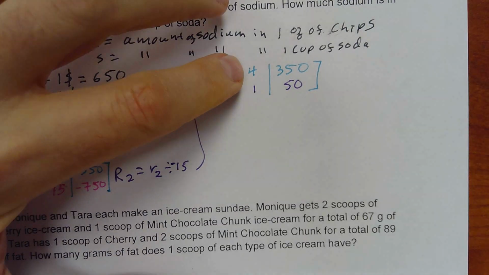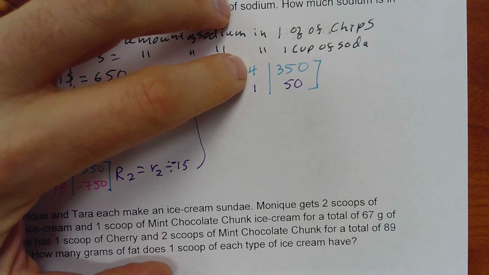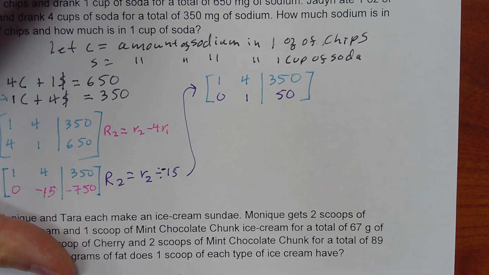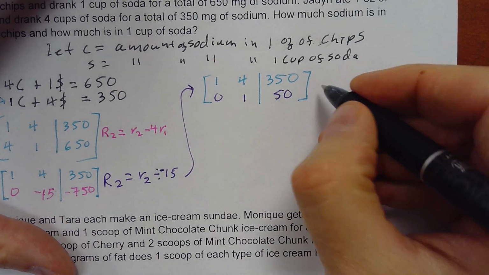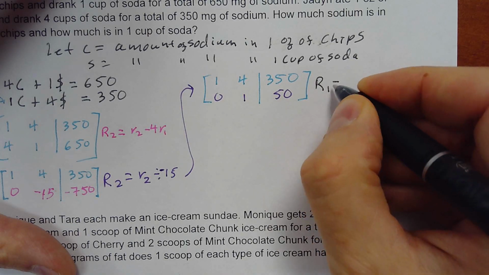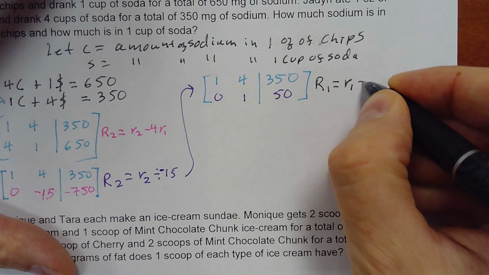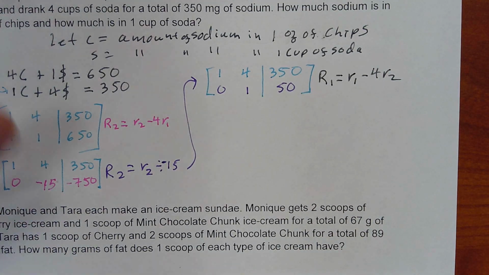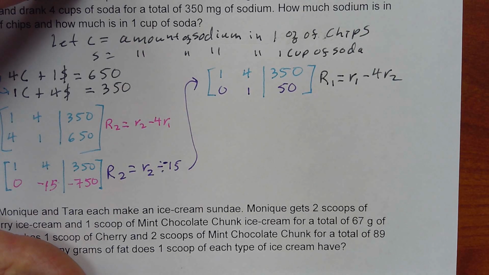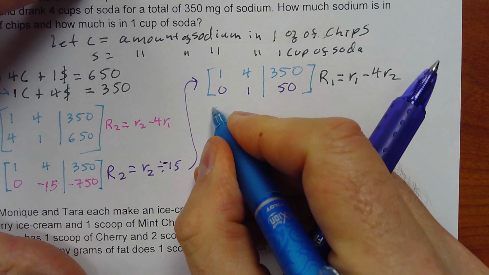And now the last thing I need to do is get this to be a 0 where that 4 is at. So now I'm going to take row 1. My new row 1 is going to be my old row 1 minus 4 times row 2. So now, when I write this down, I'm actually recopying row number 2.